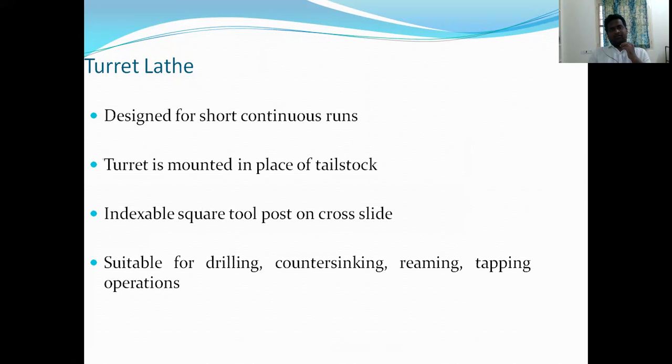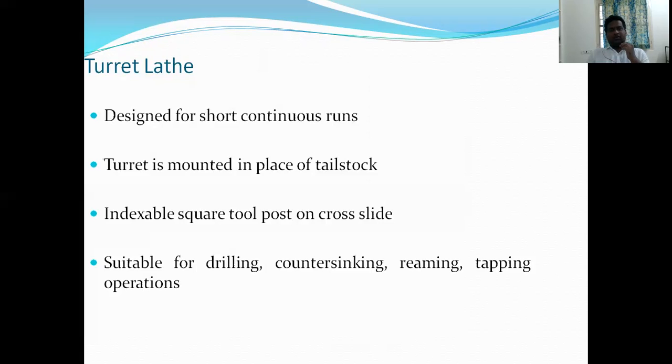In the turret lathe, we do not observe the tailstock, and there is an indexable square tool post on the cross slide. Generally, we use the square tool post on the cross slide for fixing the cutting tools. In this turret lathe, the square tool post is indexable.